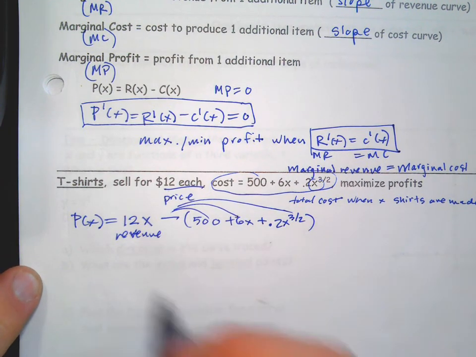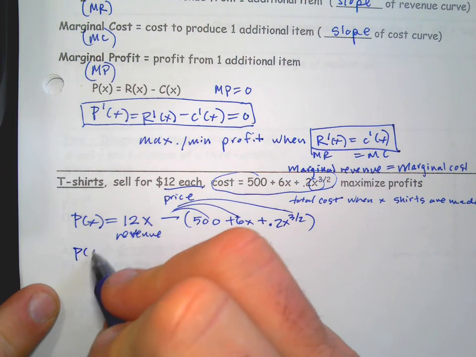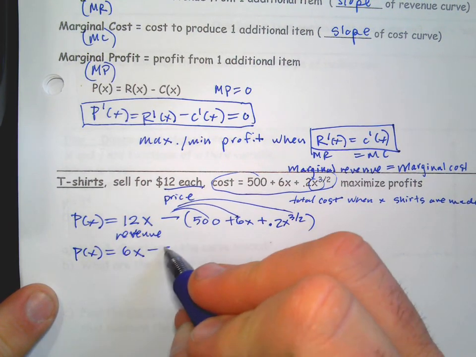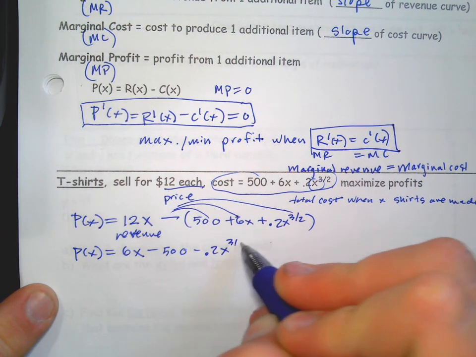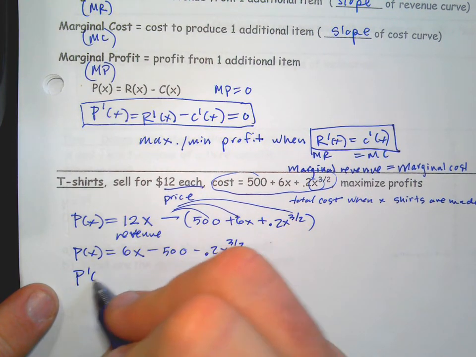So we could write a new profit function. It's going to be 6x minus 500 minus 0.2 x to the 3/2. And let's find the derivative, the marginal profit.